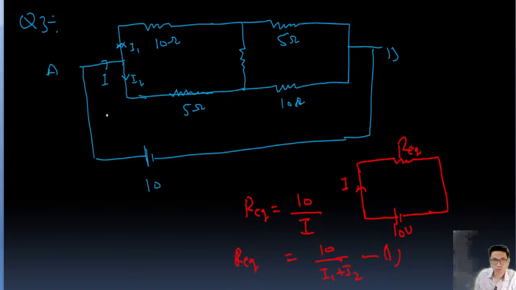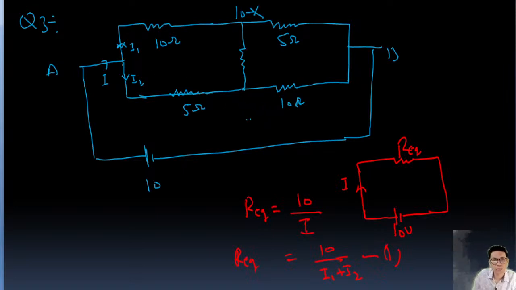So this is a very important step, guys, you need to understand. Suppose the voltage is X here, so here the voltage is going to be 10 minus X. I'll write it in red.